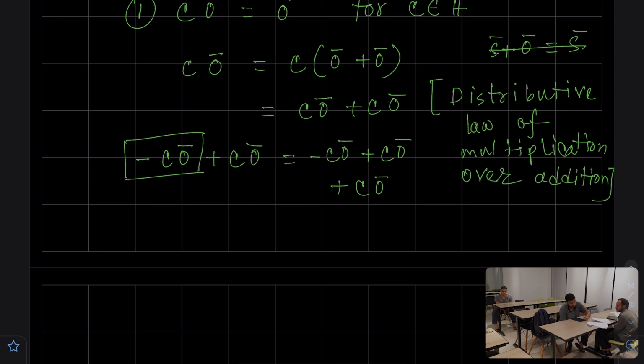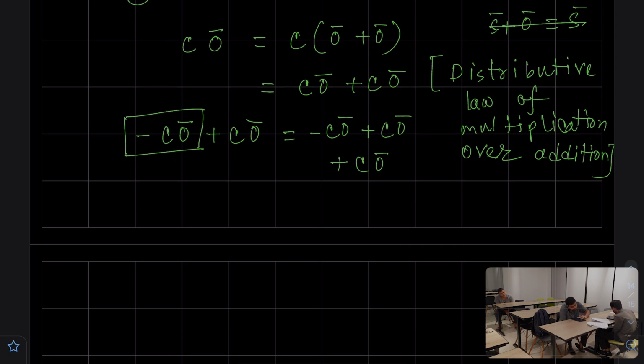Because for every vector in the vector space there exists an inverse vector. So the left-hand side is 0 vector, and on the right-hand side I can use the associativity of addition, and this is 0 vector plus c 0 vector.